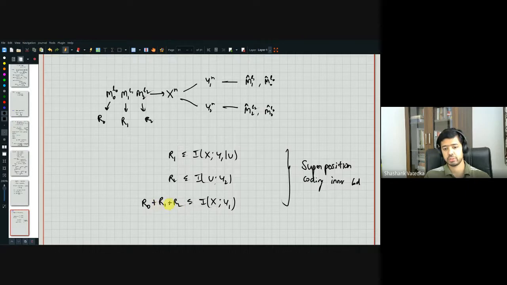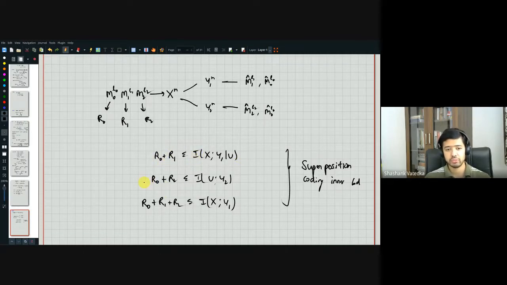So R0 plus R1 plus R2 should be less than or equal to I of X; Y1. User 2 should be able to decode both M0 and M2, so R0 plus R2 should be less than or equal to this mutual information. And having decoded M0 and M2, user 1 should be able to decode M1, so R0 plus R1 should be less than or equal to this.